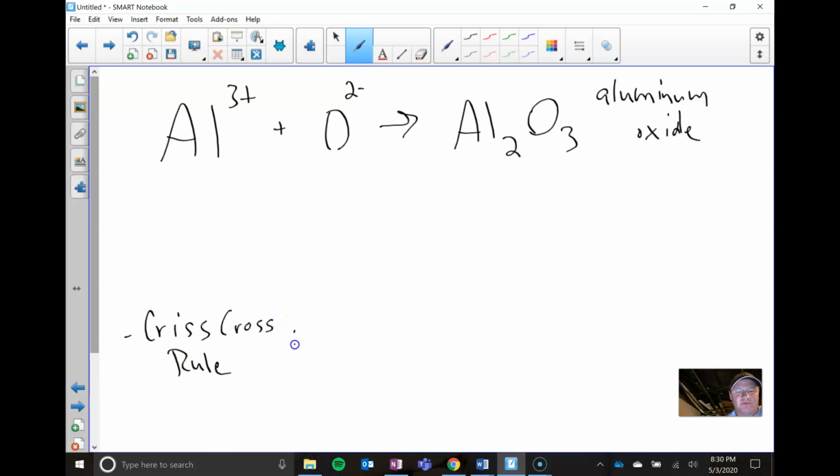And the crisscross rule says when you have ions with unlike charges, or I should say unequal charges. So up here we got a 3 positive and a 2 negative, so they're unequal. So with unequal charges, crisscross. And here's what that means.